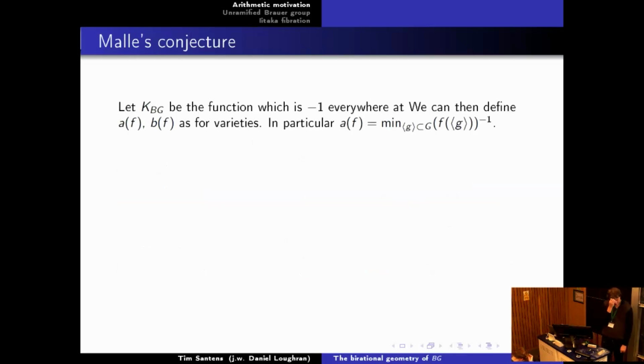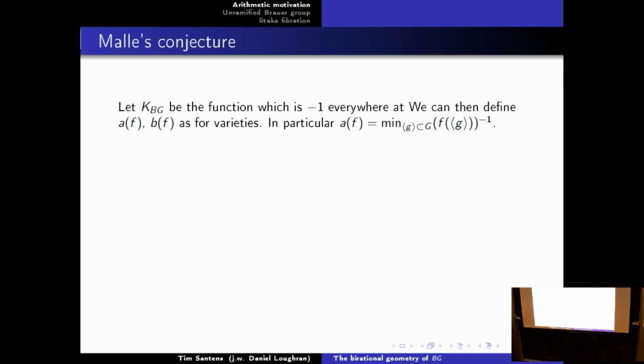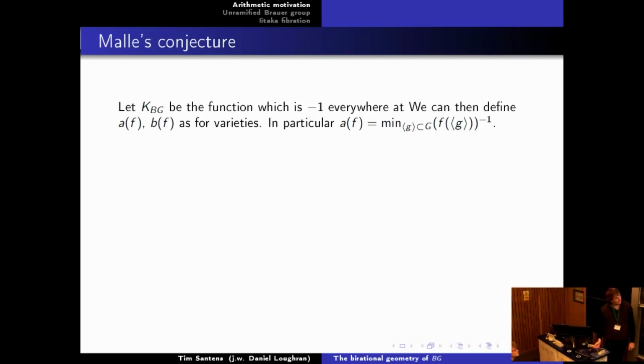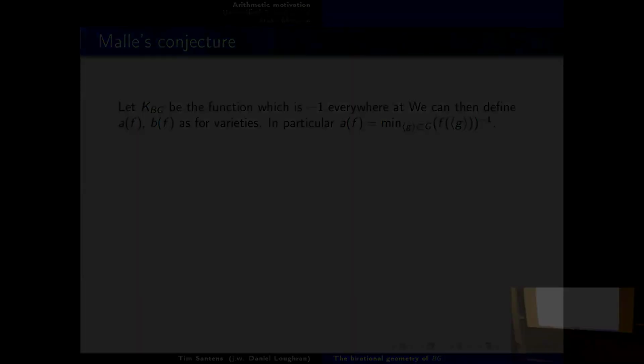So in this setup, let me talk a bit about some previous conjectures. Let me call the canonical class of BG the element of Pic orb which is -1 everywhere. Then again, we have Pic orb, some kind of vector space.